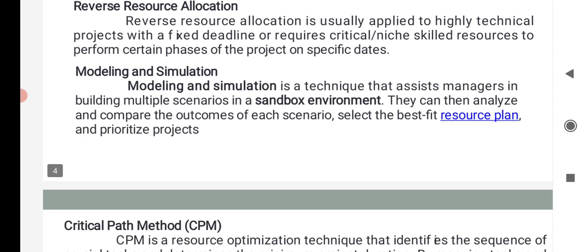Modeling and simulation is a technique that assists managers in building multiple scenarios in a sandbox environment.